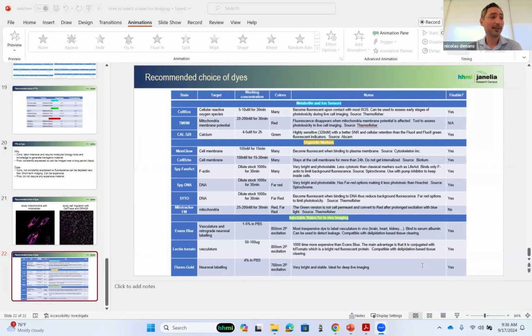So as I was saying, there are a lot of dyes to choose from. It's very overwhelming, and a lot of the time the choice is going to be trial and error. That's something we need to think about as a community. There is no repository of dyes or proteins that work best for some applications.